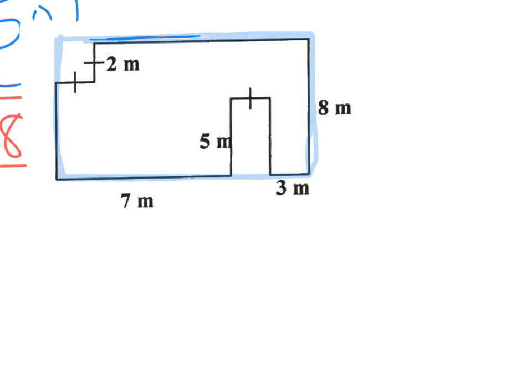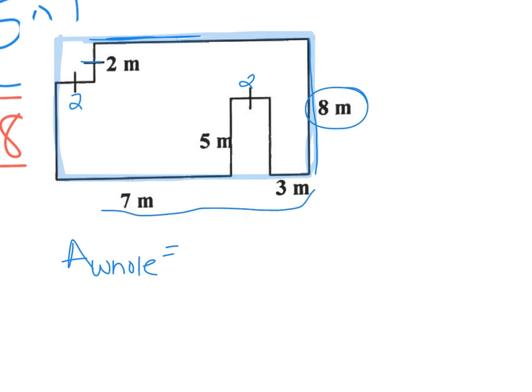So first we're going to find the area of the whole. That means we need the 2 sides. Well, I know one whole side is 8. And what is the whole base? If you look, I have tick marks. This is 2, this is 2, and this is 2. So I'm going to go along the whole bottom here.